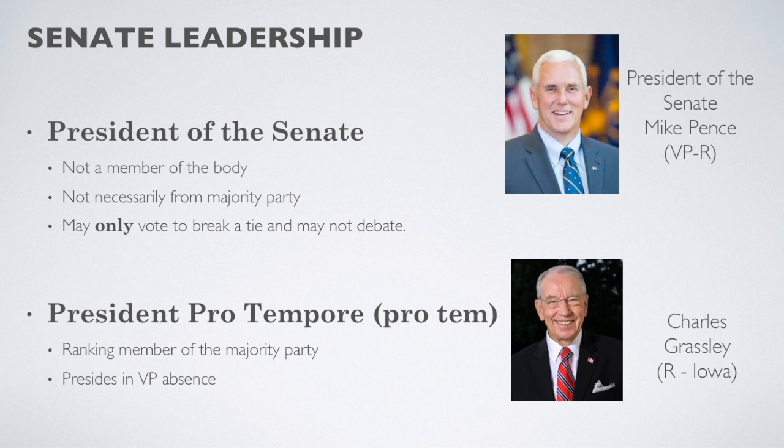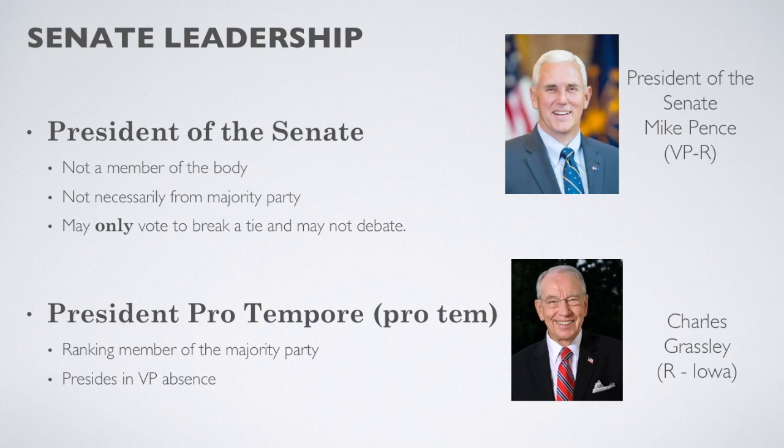You have Senate leadership here. The president of the Senate, as I mentioned before, is not a member of the body, not necessarily from a major party, may only vote to break a tie and may not debate. So the president of the Senate is the vice president. However, the vice president may not vote or talk, they can only break a tie vote.